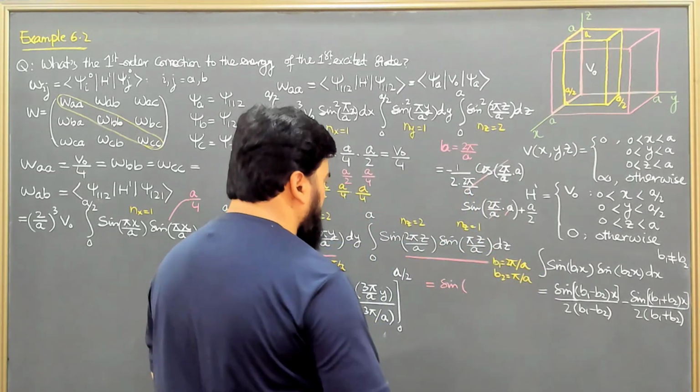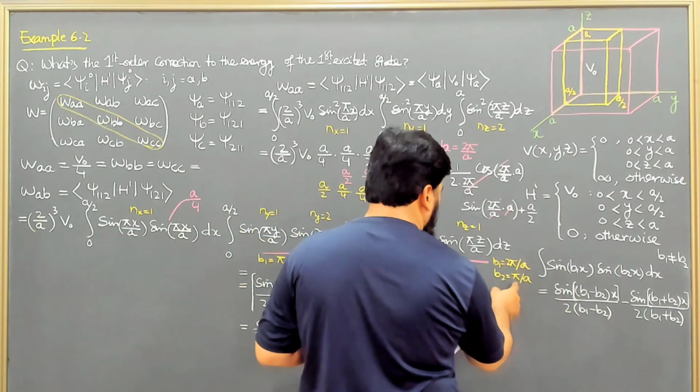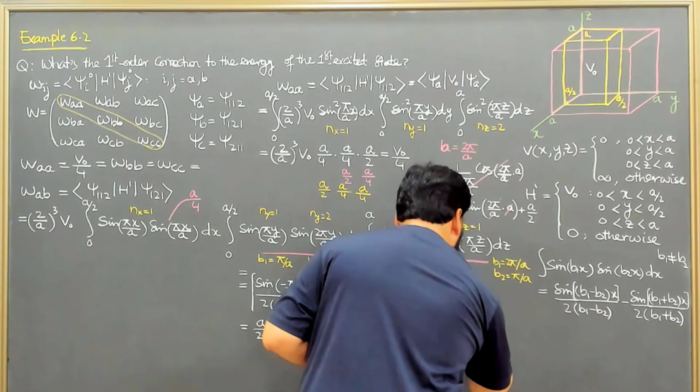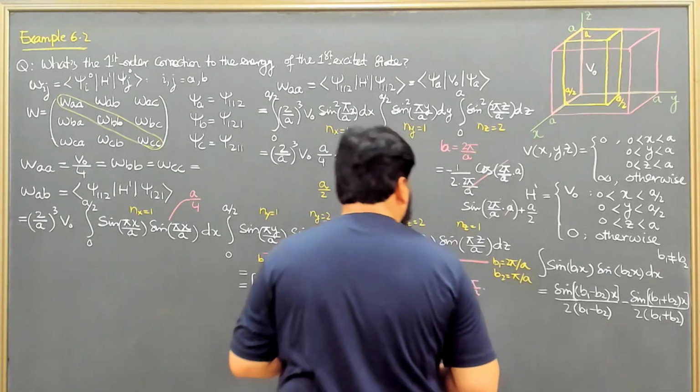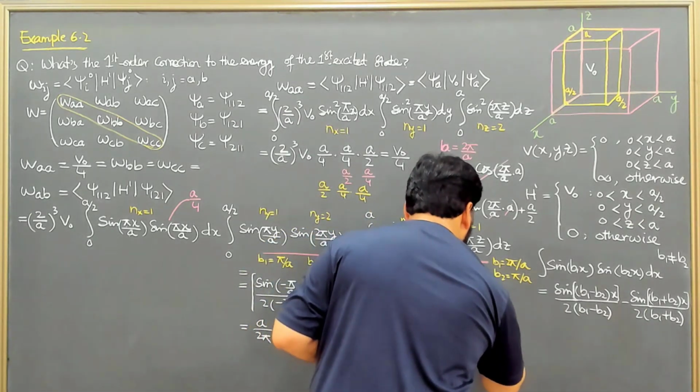So I have b1 minus b2, so it will just come out to be pi over a, and then it will be with this z here.